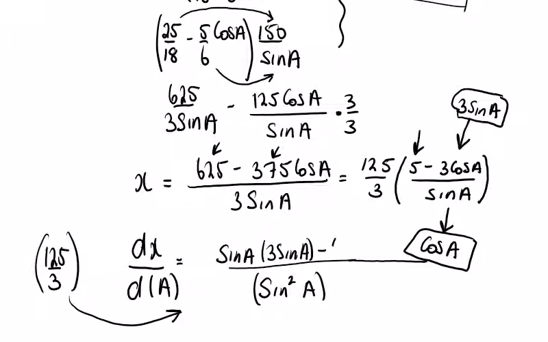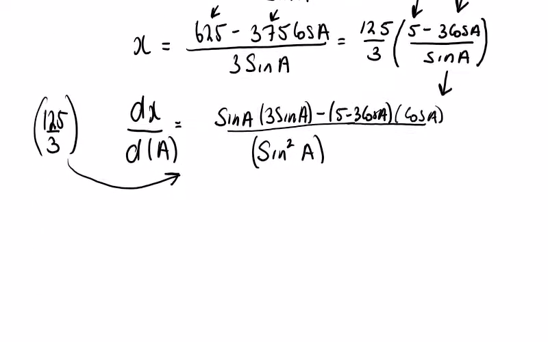So the top, so we have minus 5 minus 3 cos A by the bottom differentiated, which I'm just about to rub out here, this cos A. And we will end up with 125 over 3 times 3 sine squared A for the first part.